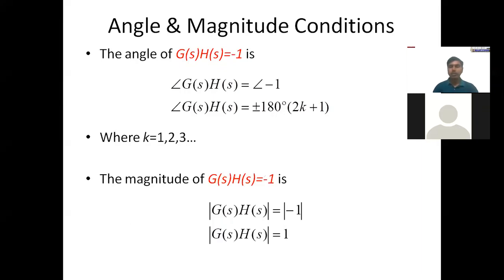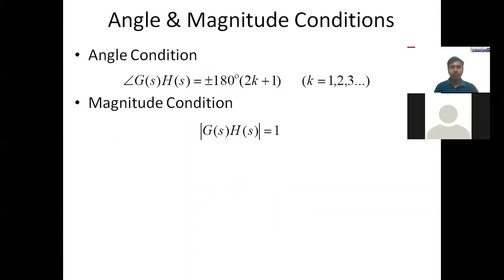To apply the root locus method, the terms of the system should satisfy this angle and magnitude condition. If these conditions are not satisfied, then no root locus exists on the S plane.